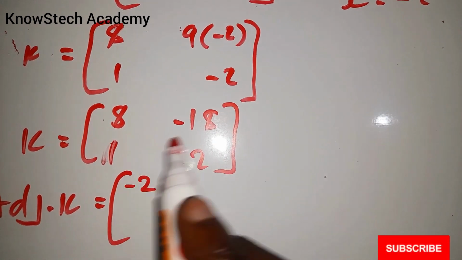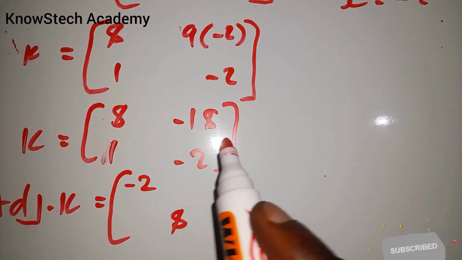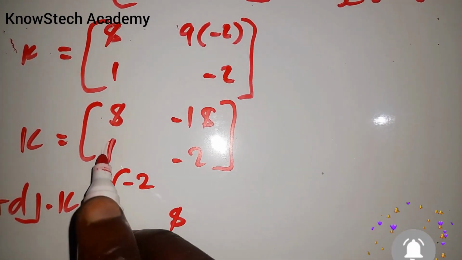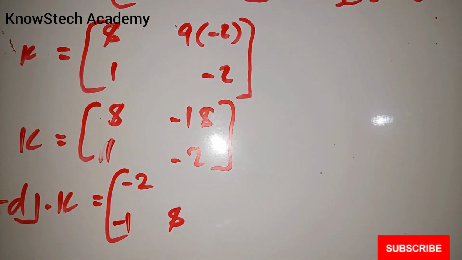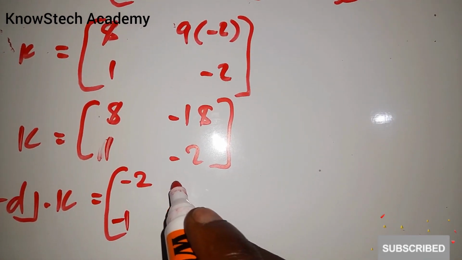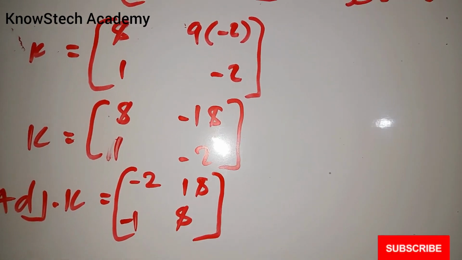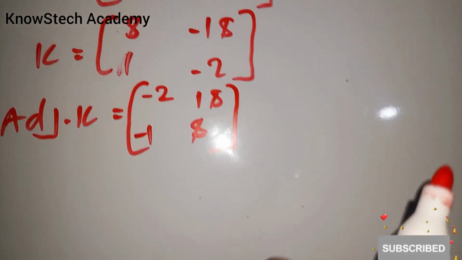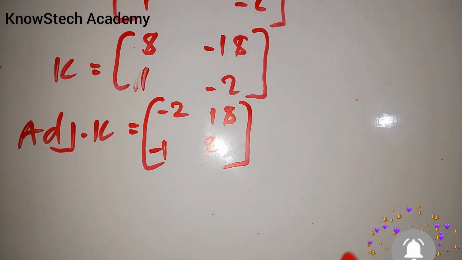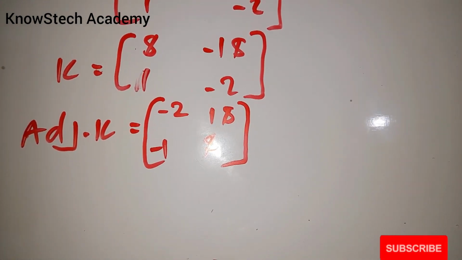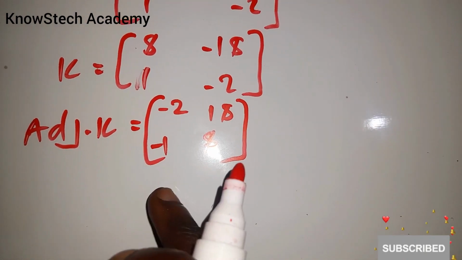Then in the minor diagonal, you don't swap, you simply change the sign. If it is positive, it becomes negative. If it's negative, it becomes positive. Okay, as simple as this. So we found the adjoint matrix. Let's go and find the inverse of this matrix.